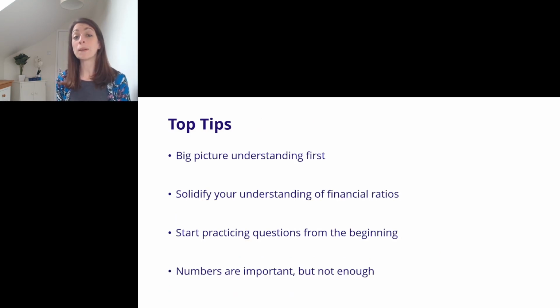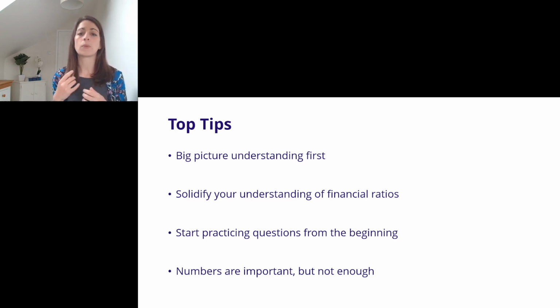In terms of top tips on how to approach this topic area within your CFA Level 1 or Level 2 exams, I would always say with financial statement analysis, you need to make sure you're happy with the big picture. What do the key financial statements show? How does anything you're looking at, inventory, post-employment benefits, so your pensions, for example, how do they affect the financial statements at a high level?